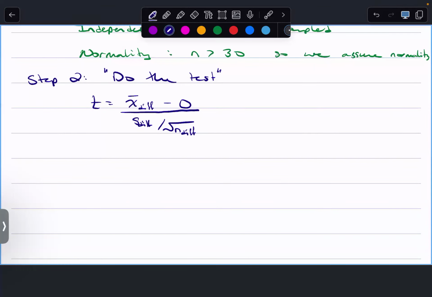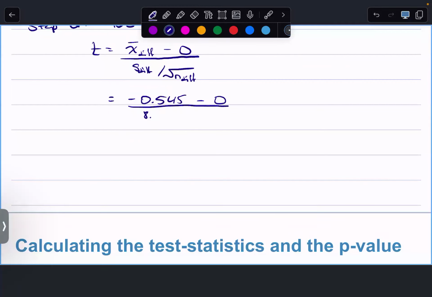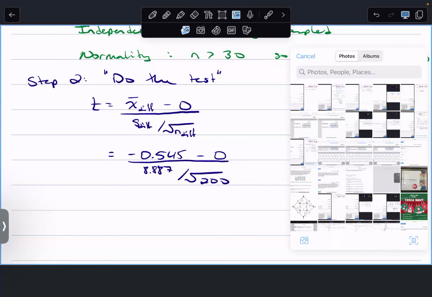I have all those components. So here we go. Negative 0.545 minus 0, which I'll probably drop, over 8.887 divided by the square root of 200.